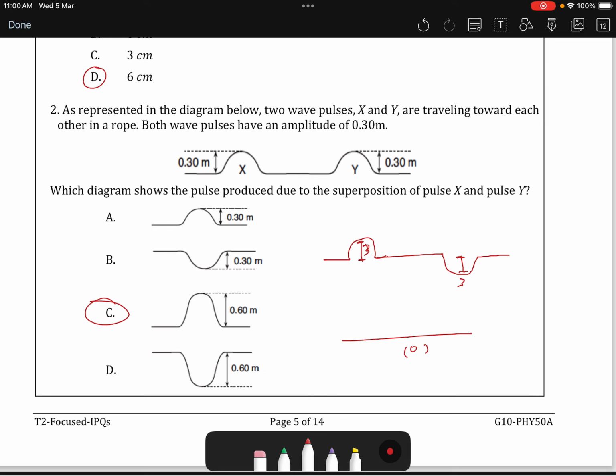If it's not 3 and 3, let's say one of them is 3, and the amplitude of the other one is 2, the result will be 1 upward. So we just subtract them and we will find the answer, okay? Here I'm just saying if. We don't have this now, but the idea is covered.